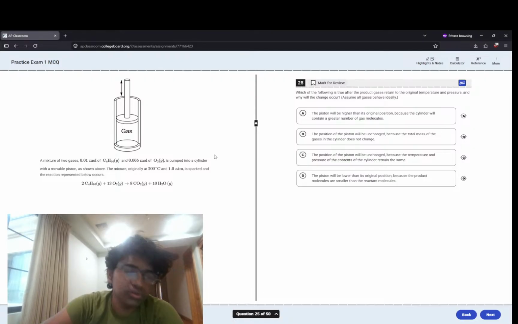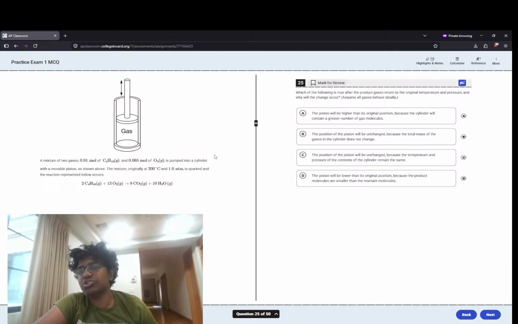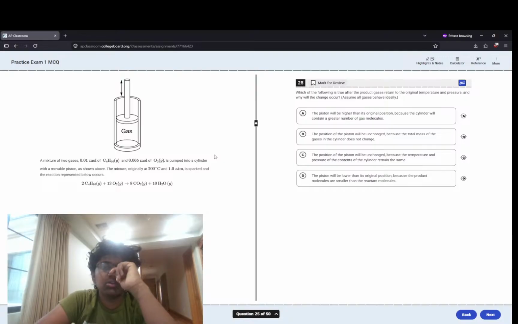Okay, a mixture of two gases is pumped into a cylinder with a movable piston, and the mixture is sparked and the reaction represented below occurs. Which of the following is true after the product gases return to the original temperature and pressure, and why will the change occur?